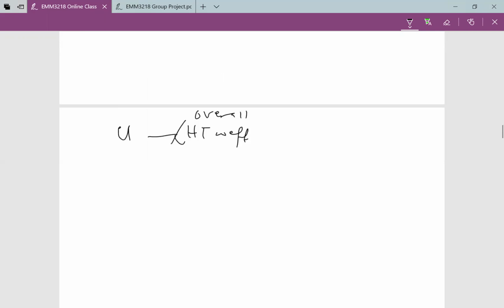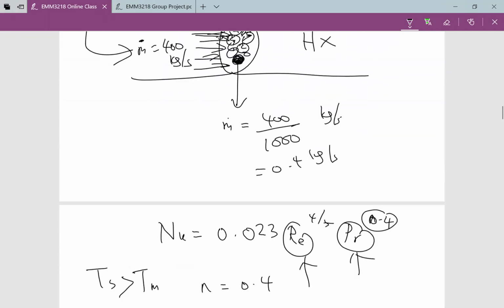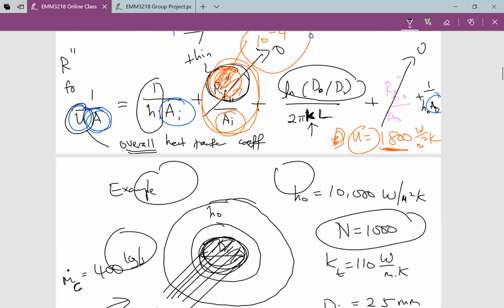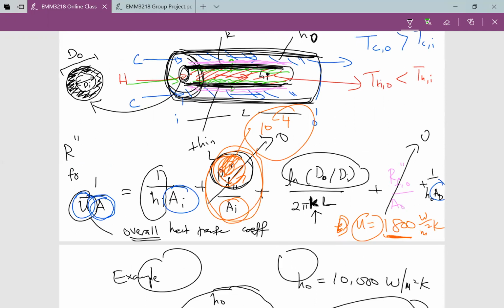In order to get U, using this formula, U is basically a combination of the different coefficients: h_i, h_out, the outer convection, and then conduction, and if we have fouling, this one as well.